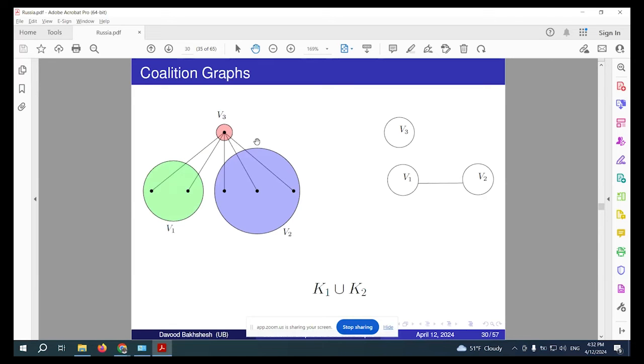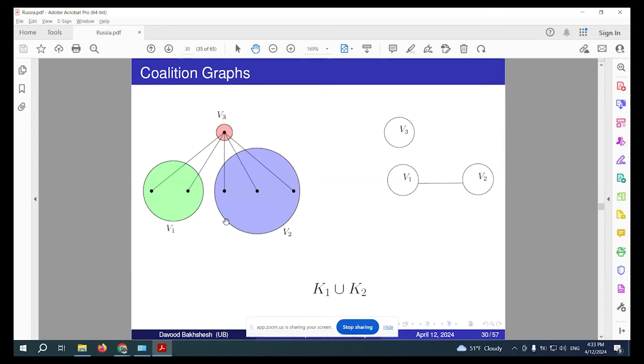Here you can see a partition with 3 elements: V1, V2, and V3. V3 is a singleton set, and V1 has 2 vertices, V2 has 3 vertices. And since V3 is a dominating set vertex, V3 has no coalition with V1 and V2.